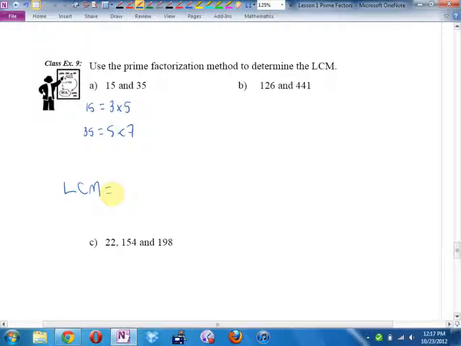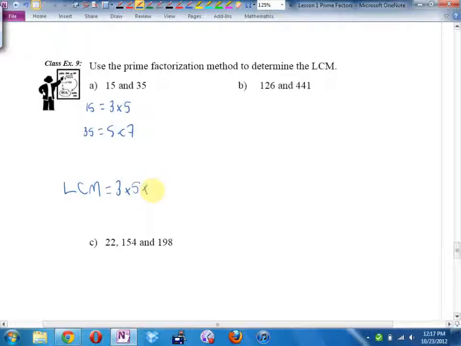Is there a 2 that appears in anything? Don't need to worry about that. Is there a 3 that appears in anything? Yeah, there is. What's the biggest exponent of the 3 that appears anywhere in that prime factorization? I'm going to need 1 3. Is there a 5 that appears in anything? What's the biggest number of 5s that I need? I need a 5.